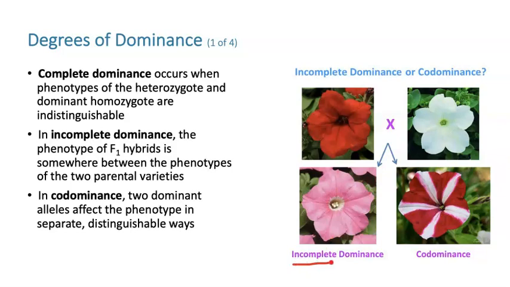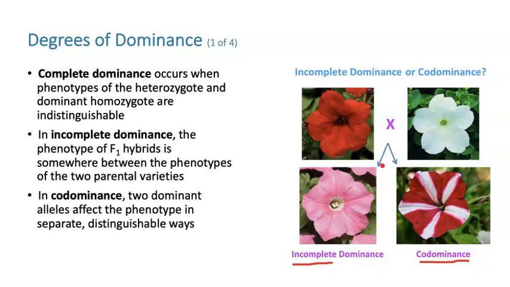Then there's this idea of codominance. Codominance says that if you have two dominant alleles, they both show up in the phenotype. They're both showing up. So with codominance, what you have is both a red and a white flower. Here we have the striped flower. With incomplete dominance, same red and white parent, but you get pink, something in the middle.